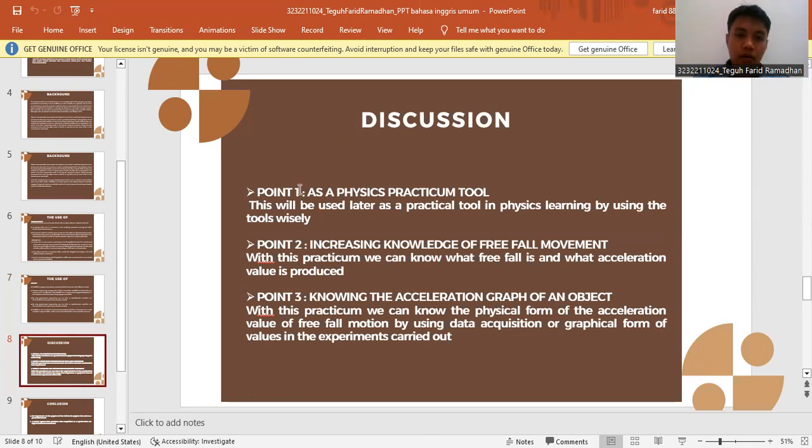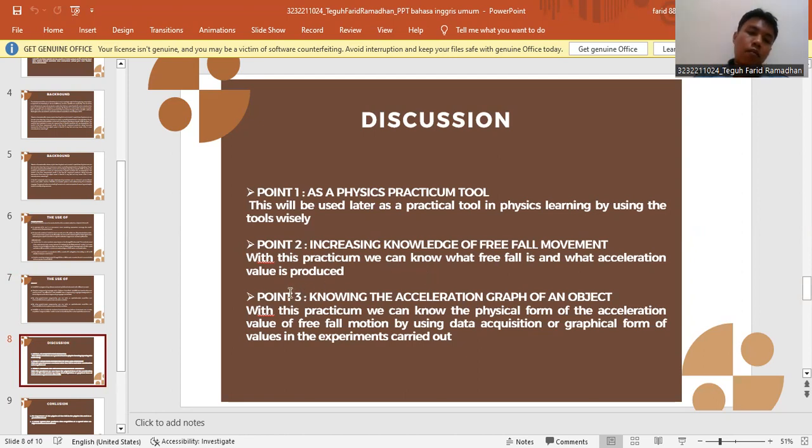Discussion. Point number 1: as a physics practicum tool, this will be used later as a practical tool in physics learning by using the tools wisely. Point number 2: increasing knowledge of free fall movement. With this practicum, we can know what free fall is and what the acceleration value is.